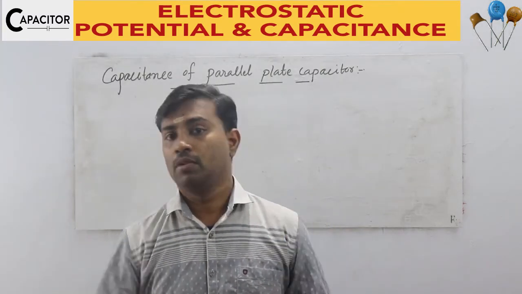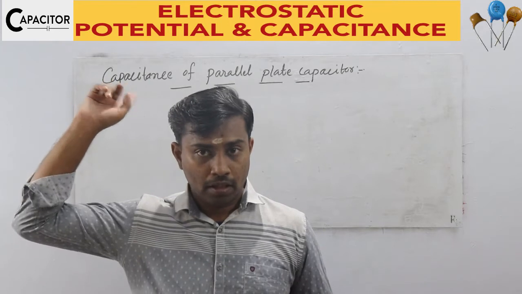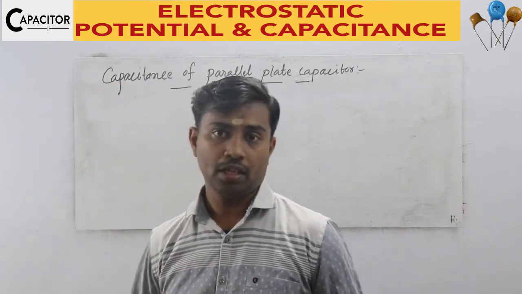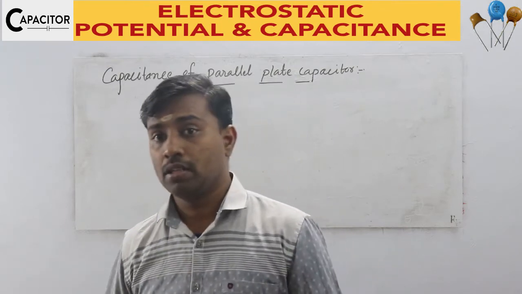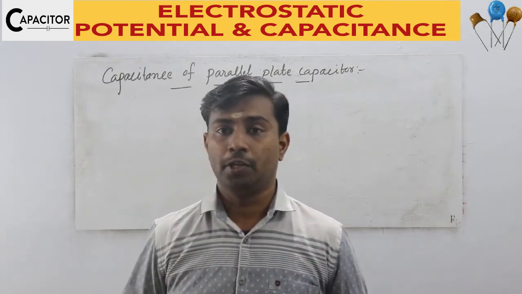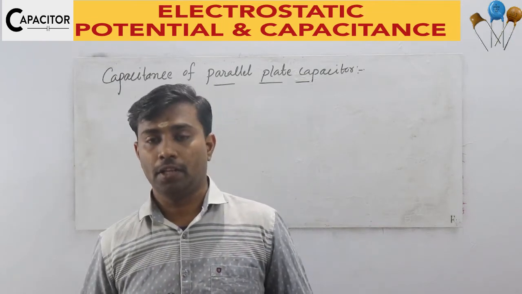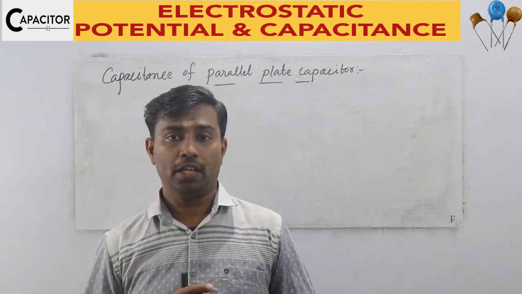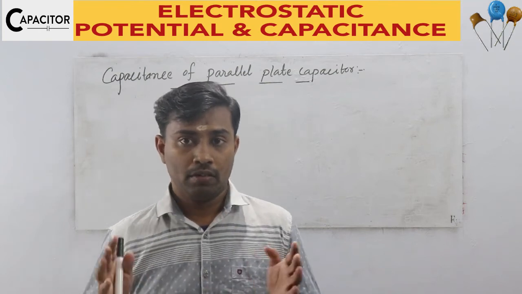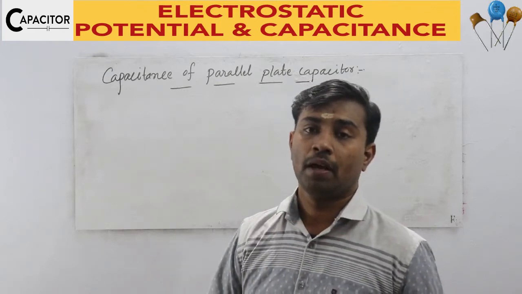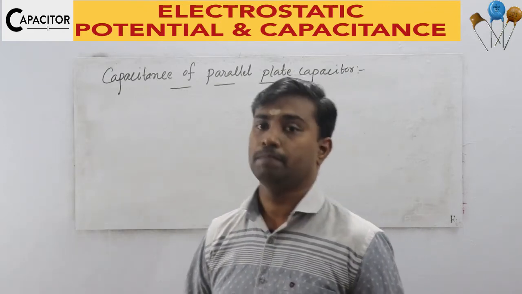Now we will discuss the capacitance of a parallel plate capacitor. Okay. This parallel plate capacitor is two metal plates separated by a particular distance, each with a particular area. So we are going to discuss how we can determine the capacitance of a parallel plate capacitor.